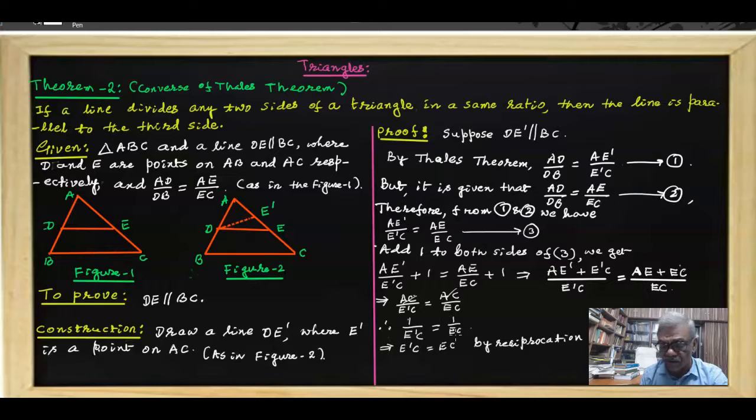Taking the reciprocal of this equation, you will get E dash C is equal to EC.